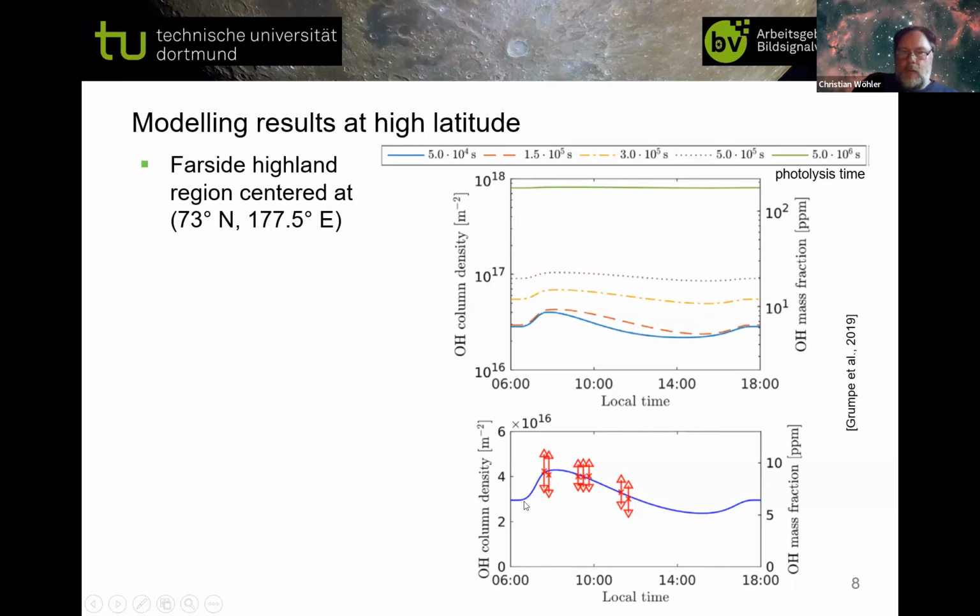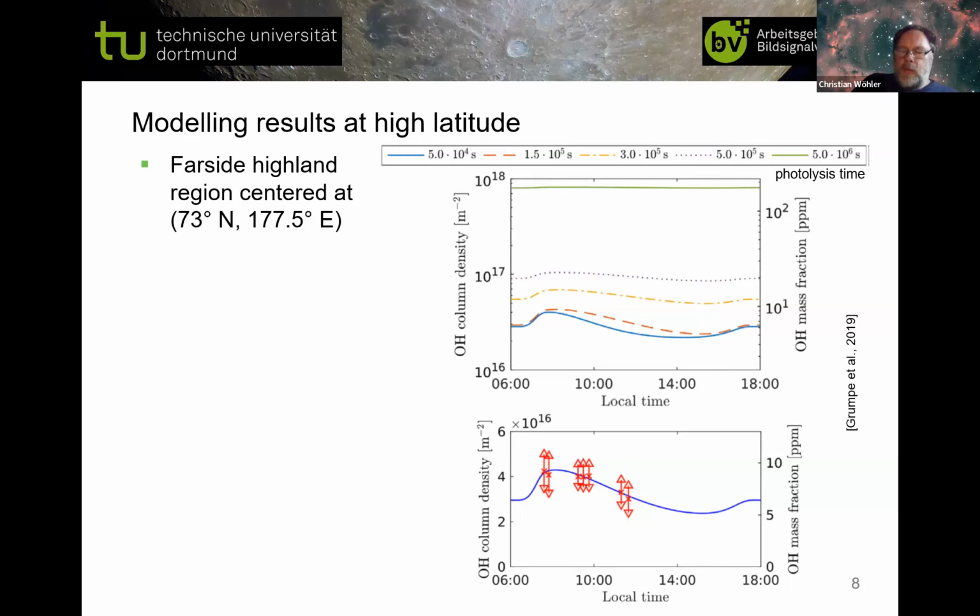And here, this is a comparison of our data, the M-cube data, compared with the modeling results for the orange curve here. And of course, we have to take into account that M-cube doesn't measure any kind of mass fraction or column density, but only relative band depth.